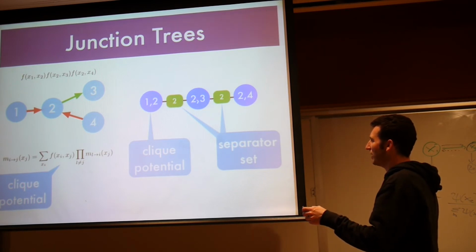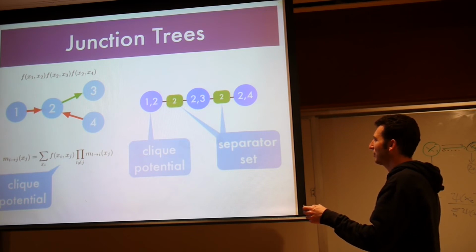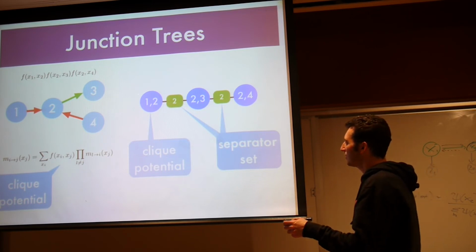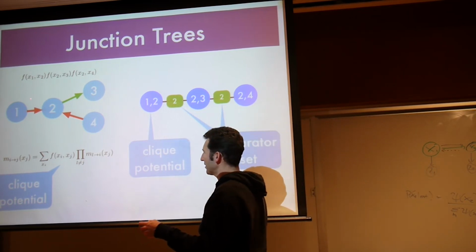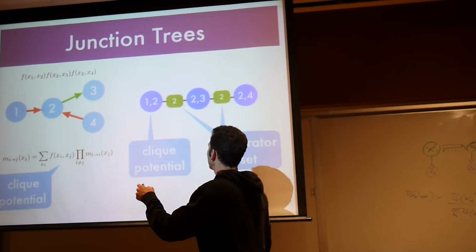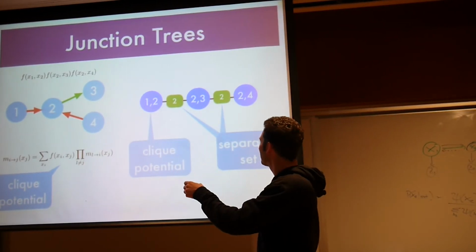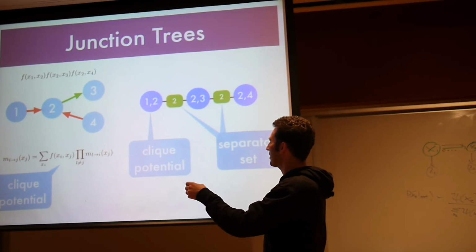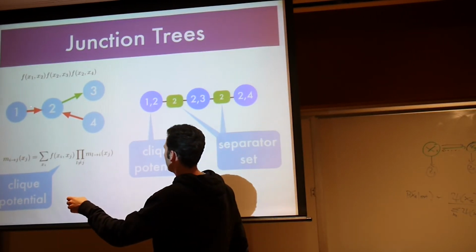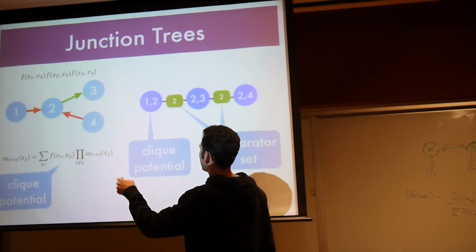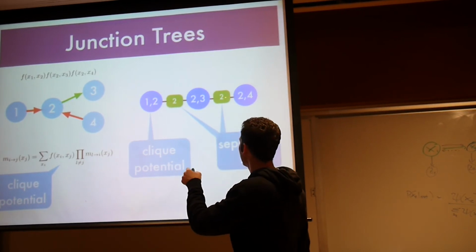I'm going to draw an edge between them whenever the intersection between those sets is non-empty, and otherwise I'll just leave it. So what we get is all of a sudden this graph here turns into a chain. And nothing really special has happened, so I get the pair 1, 2, I get the pair 2, 3, I get the pair 2, 4.